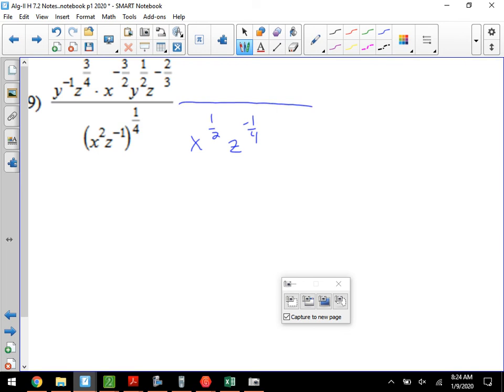And then at that point, I know that things have to move up and down. So I'll just rewrite real quick, y to negative 1. I know that y to the first is going to move down, and then I have y to the 1/2 up top.